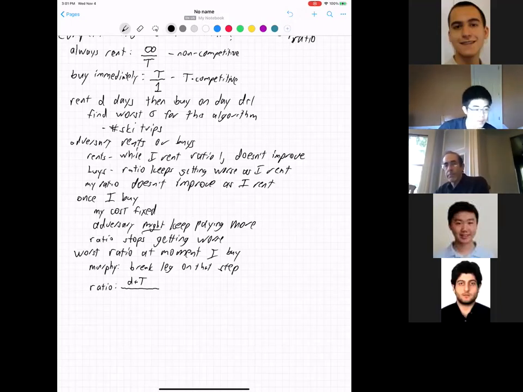Minimum of D and T. Yeah, or close to. I think it's the minimum of D plus 1 and T, because the adversary will either buy at the beginning and pay T, or it will rent for all of the trips, but that's the D days and also the last day.